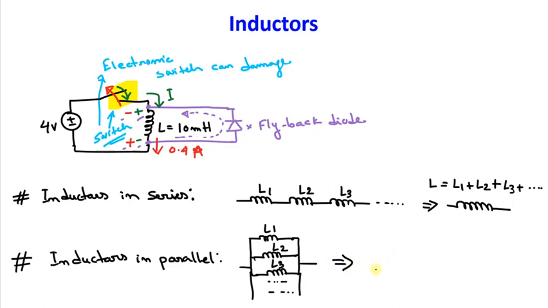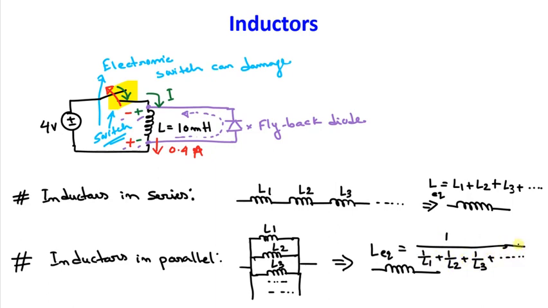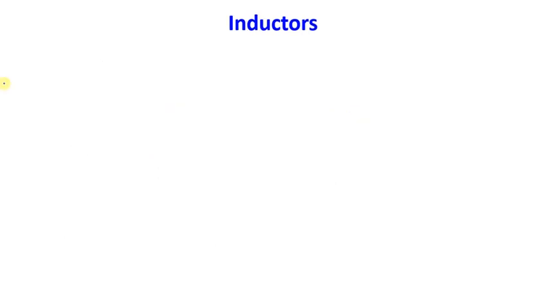Then their equivalent inductance: L equivalent is equal to 1 by (1 by L1 plus 1 by L2 plus 1 by L3), same as that of resistance, right?